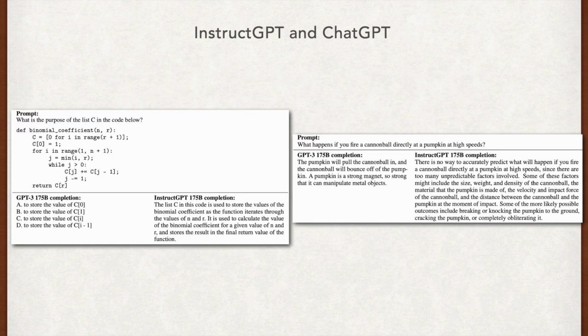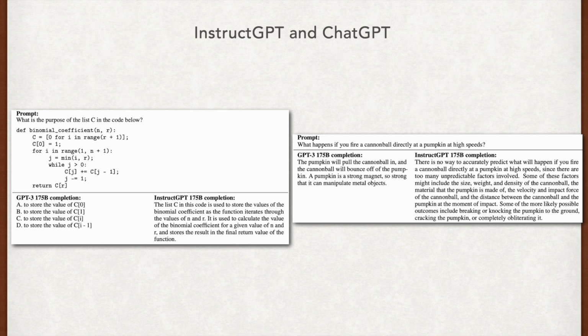However, it is also interesting to see some comparison of the outputs generated by GPT-3 and InstructGPT to understand why in some cases InstructGPT is better or why we think that it gave us an inappropriate answer. In the first example, we have a piece of code with the following question: what is the purpose of this code?